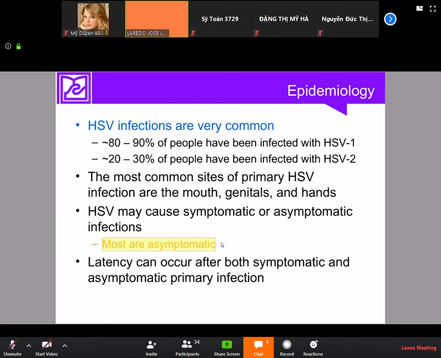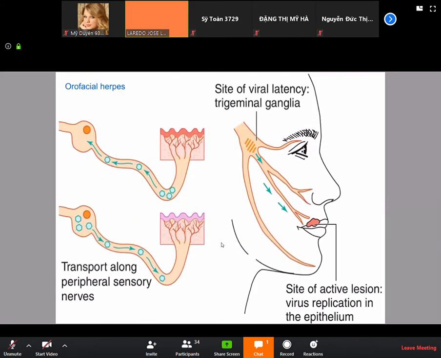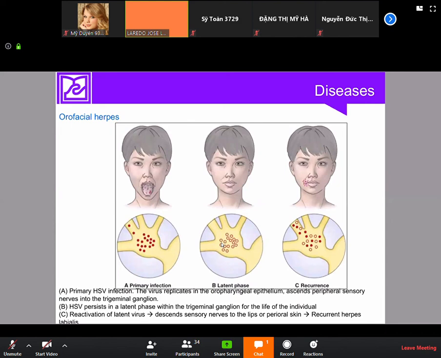Remember, herpes infections are usually asymptomatic in children. So look, this is the orofacial disease. This is the disease in the mouth. This is the most common herpes disease in the humans, the orofacial disease.